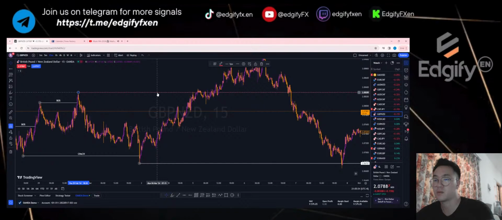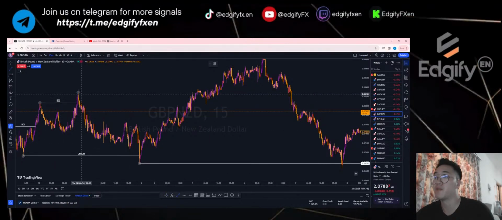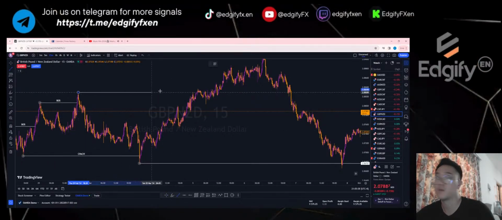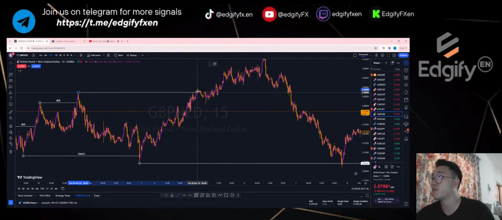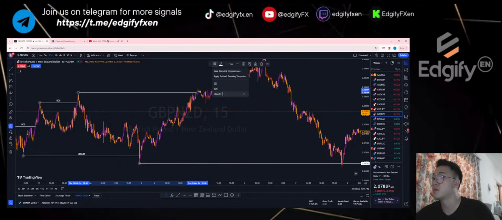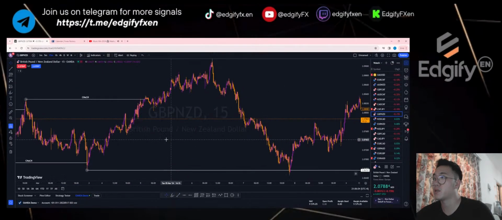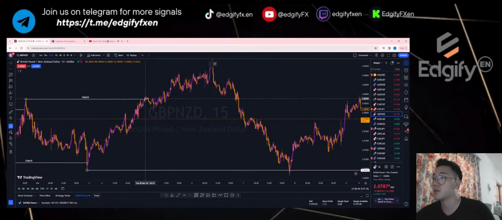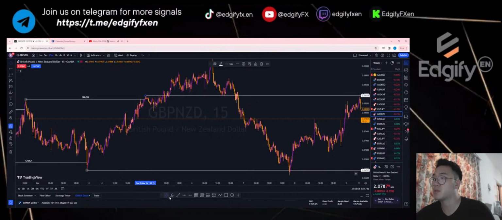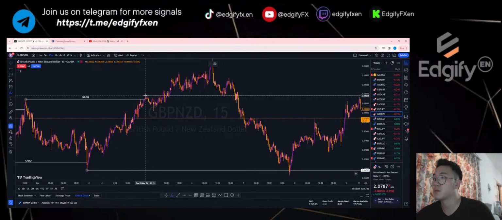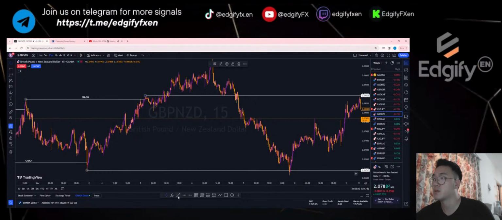And eventually it broke up above as well at this level. It did a small retracement and broke above.